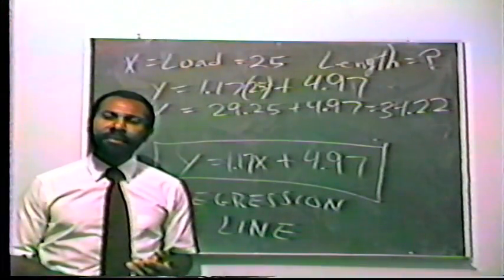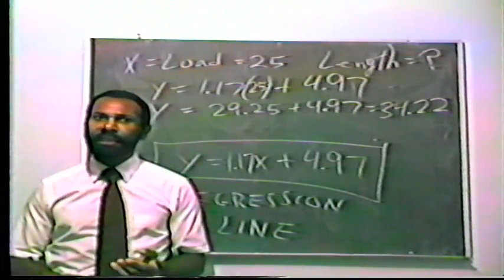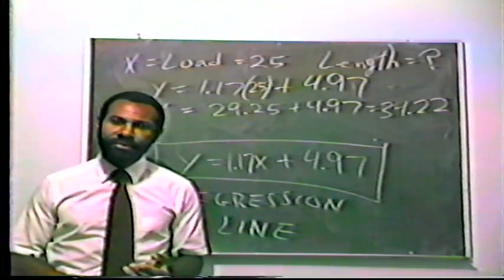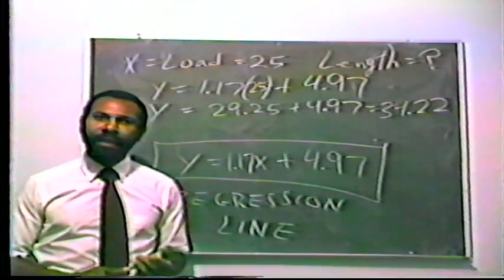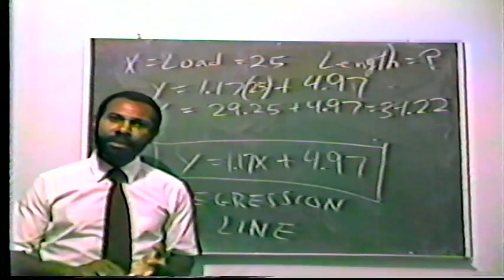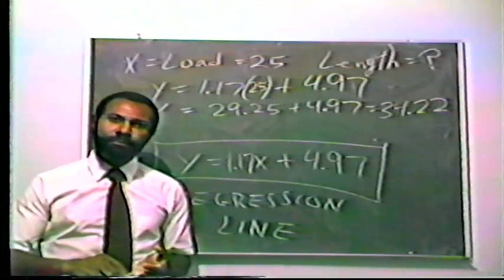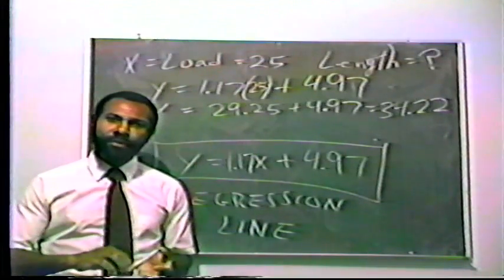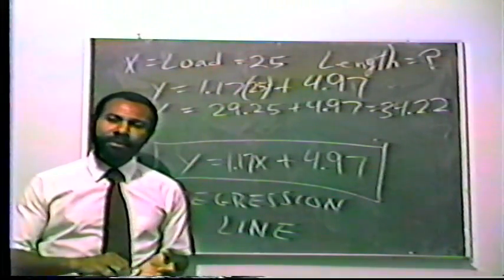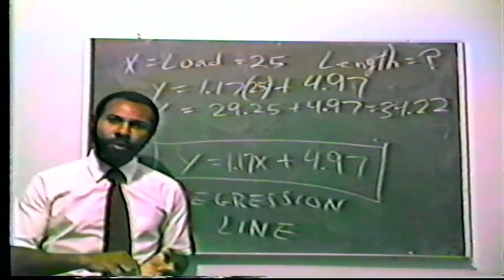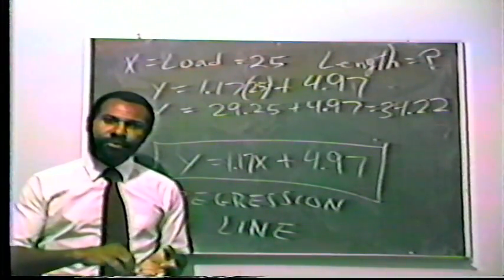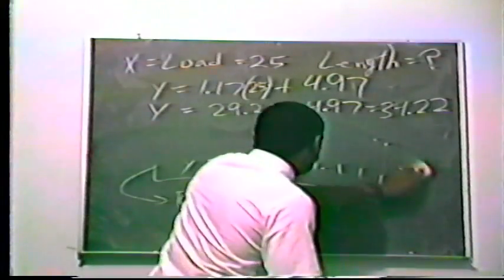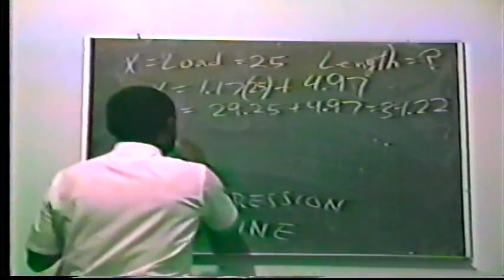To find that equation, you have to use the formulas that we mentioned to find the value for M and the value for B. After you find those numbers using the formulas, you substitute the numbers in the equation y equals mx plus b.